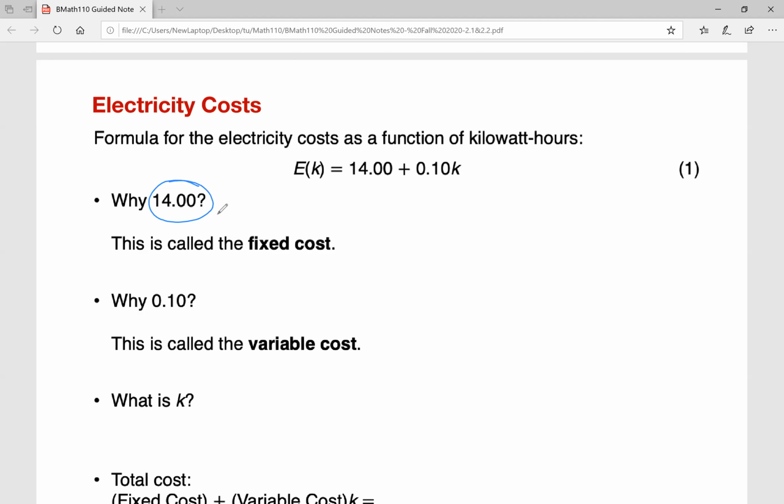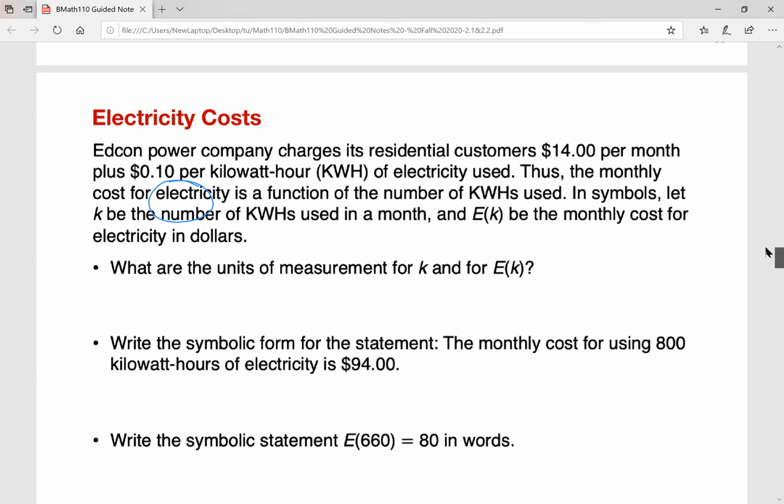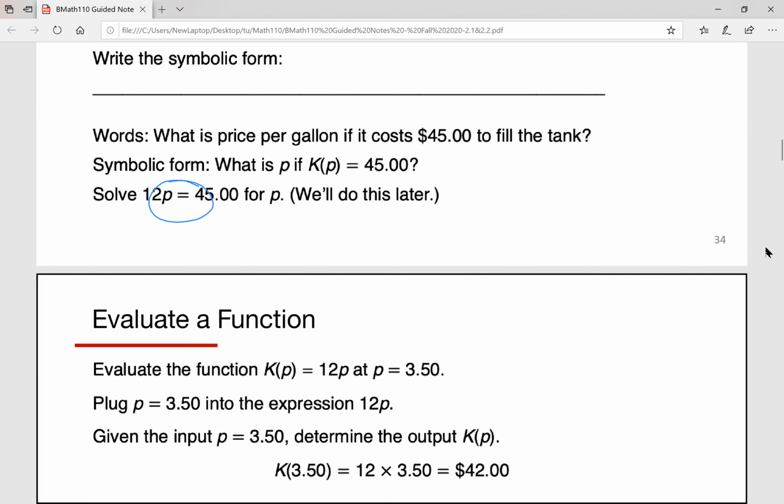Over here, you see that every month the company charges $14, so this never changes. But it's plus 0.1 per kilowatt, which means this amount changes depending on the kilowatt hours. So the 0.1 is the one that is changing.